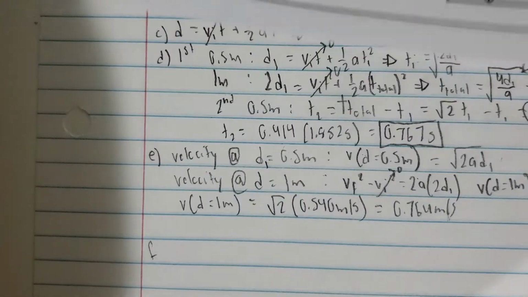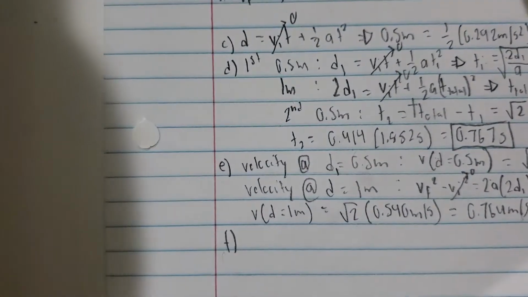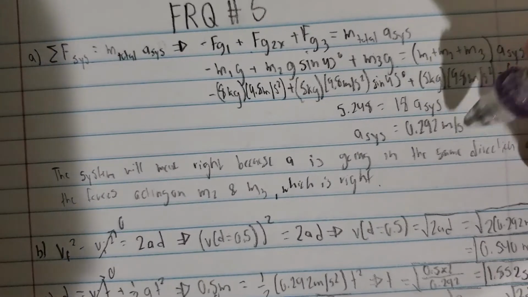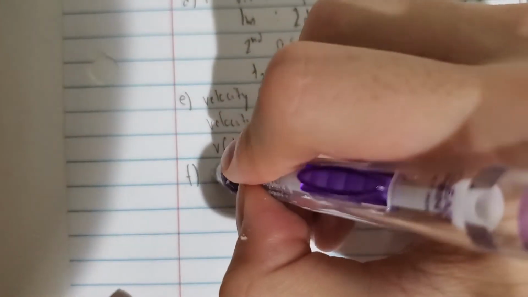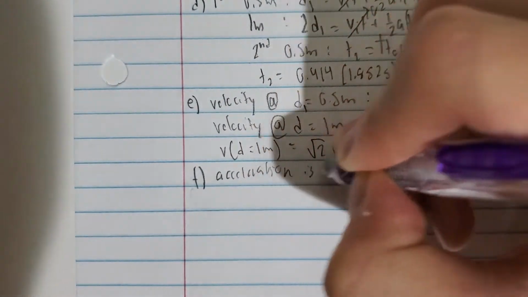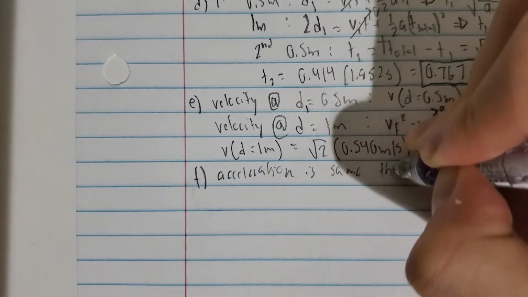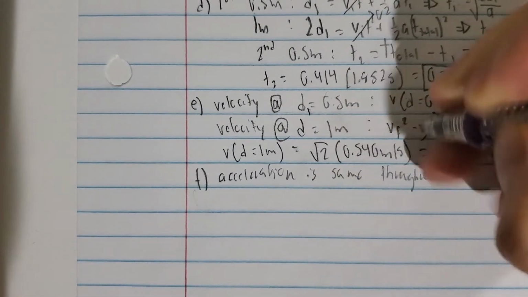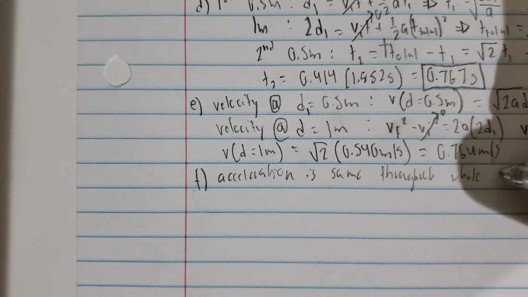Now we are asked to find the acceleration of m2. Well, the acceleration is the same throughout the system, and I've already found it up here. So I guess that's the answer. Acceleration is the same throughout the whole system.